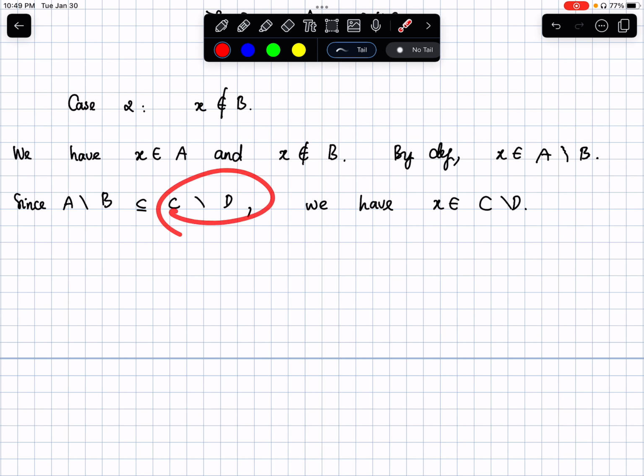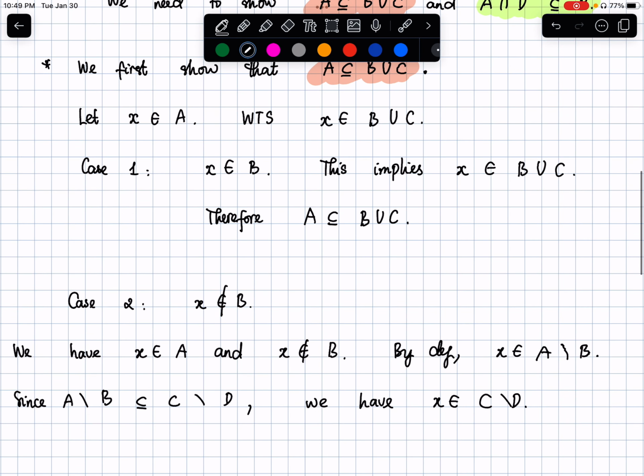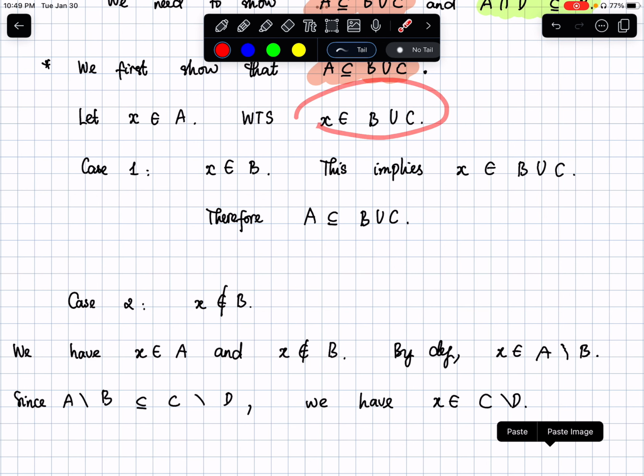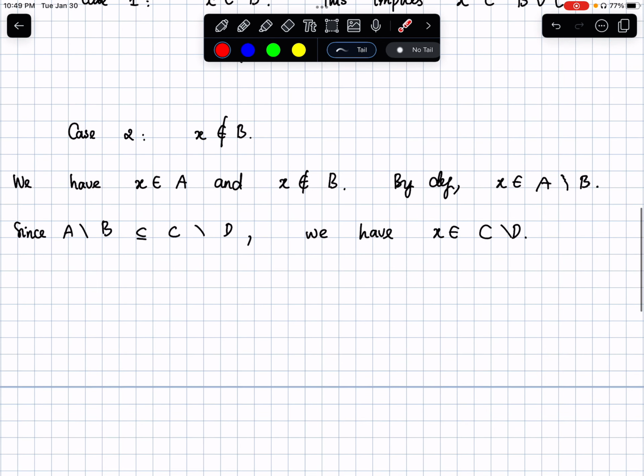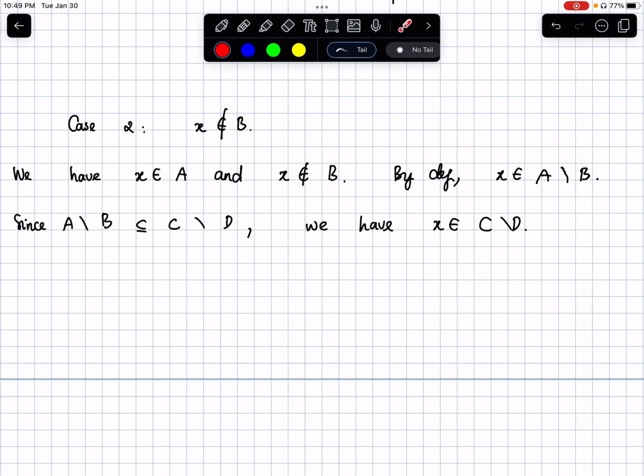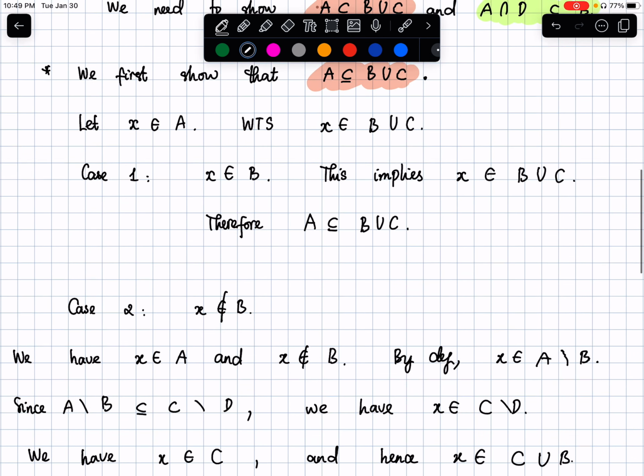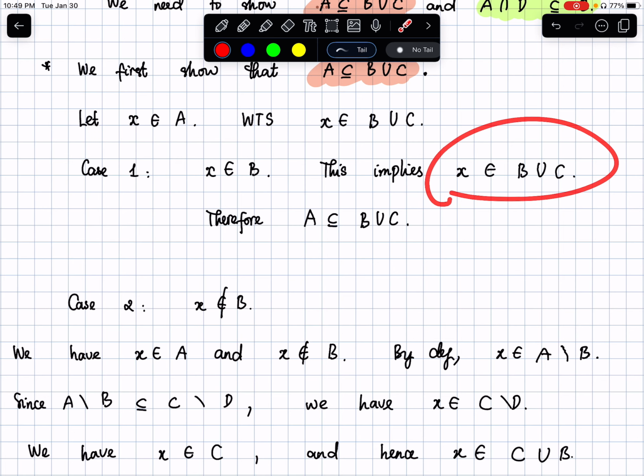So X must be in C minus D. Okay, so what do we need to show? We want to show X is in B union C, right? So here X is in C minus D. So in particular, we have X in C and X not in D, right? So in particular, X in C, and therefore X in C union B, which is what we need to show.